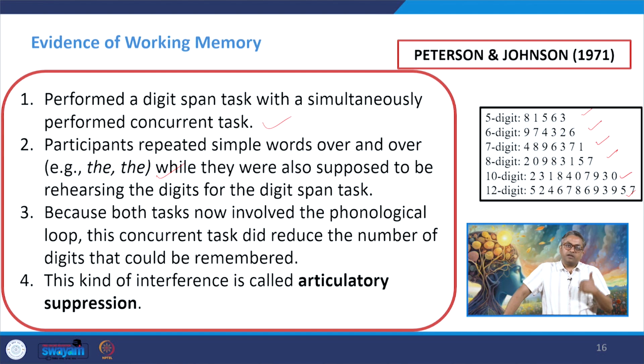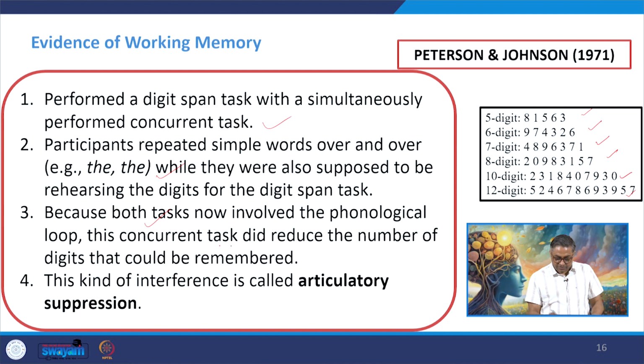And as per their assumption, the findings were in a similar direction, because both tasks were different, but both tasks involved the auditory system. So repetition of a simple word like "the" is not complex in nature, however, rehearsing and remembering the digit span task, speaking aloud and rehearsing it, also requires the similar phonological system.